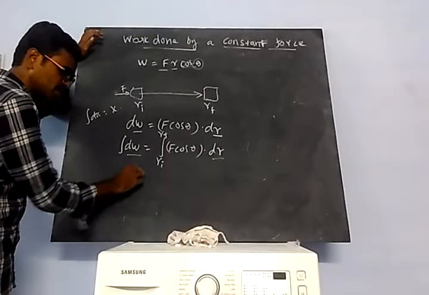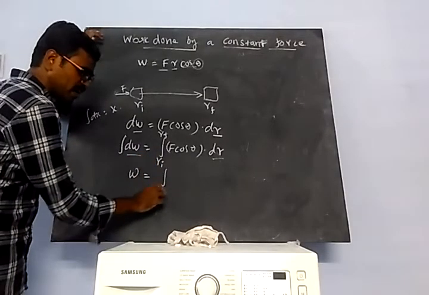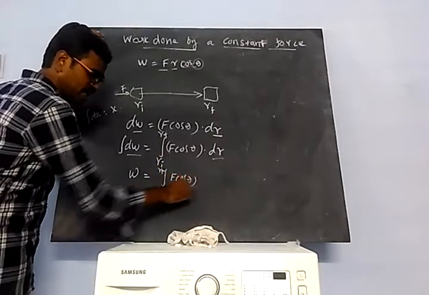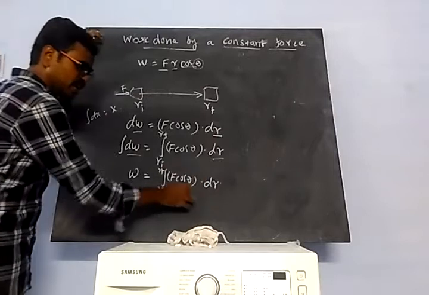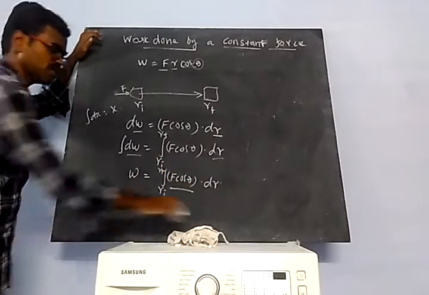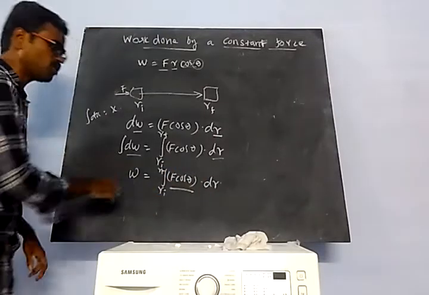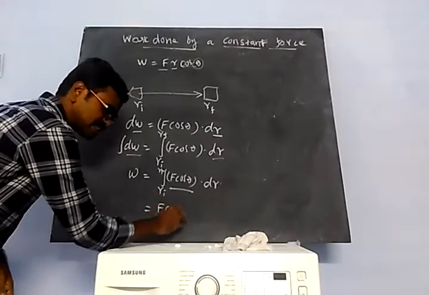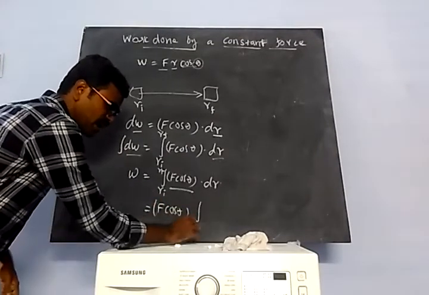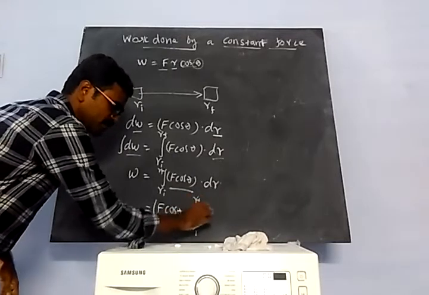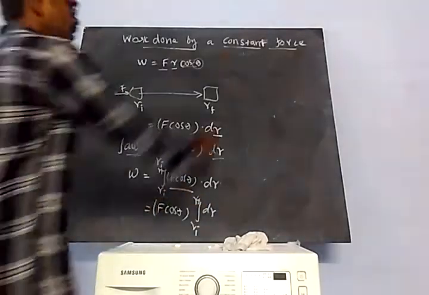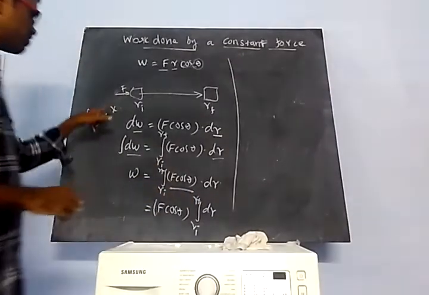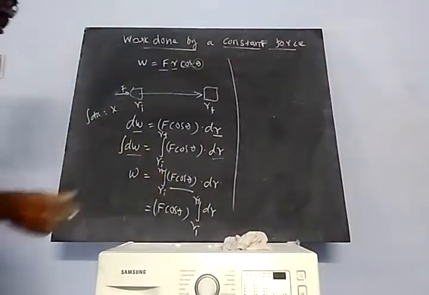The integral of dW is equal to W, and the integral from Ri to Rf of F cos theta into dr. F cos theta is a constant one, so you can just take it out of the integral as a constant term. So F cos theta times the integral from Ri to Rf of dr. Okay, now the integral of dr is the same: the integral of dx is equal to x, so the integral of dr is equal to r.